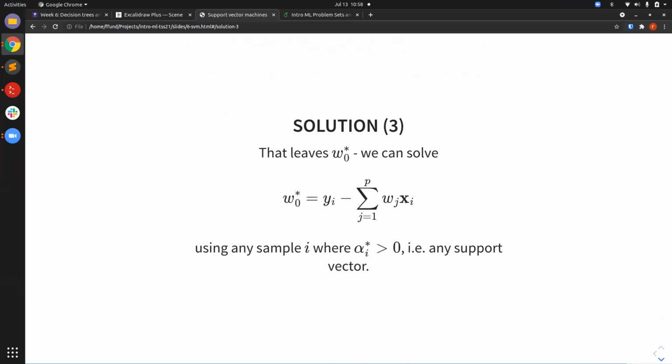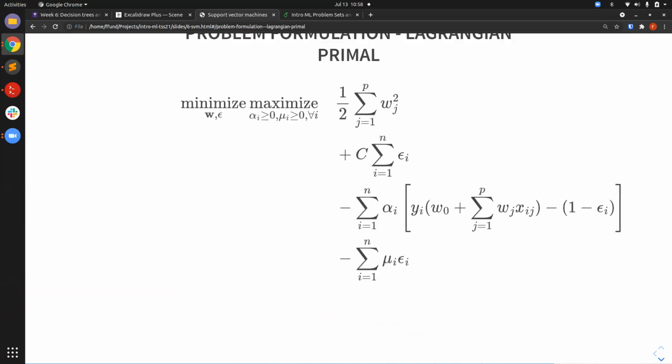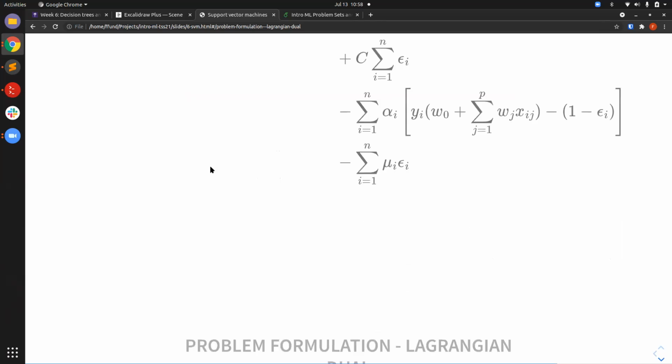And similarly, we can solve for the intercept term, W0. This turns out to be a relatively easy solution. This was the primal problem. In the primal problem, you need to solve over however many coefficients there are, so let's say P is the dimensionality.